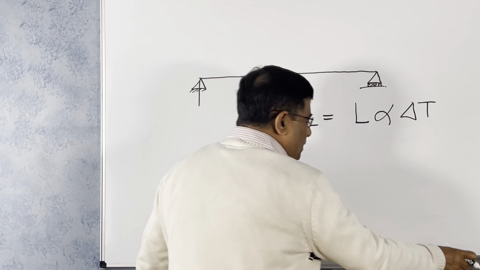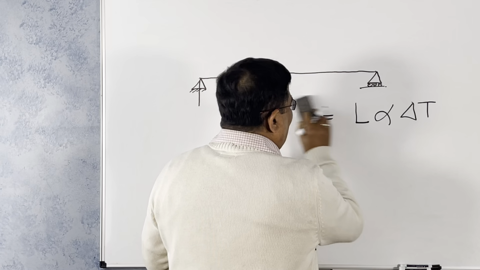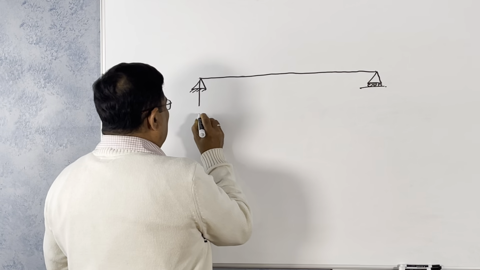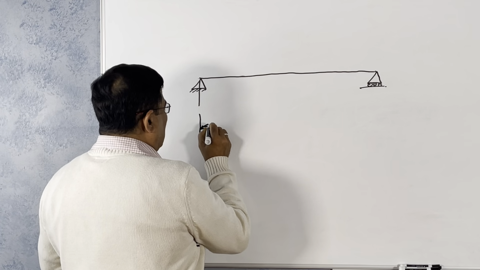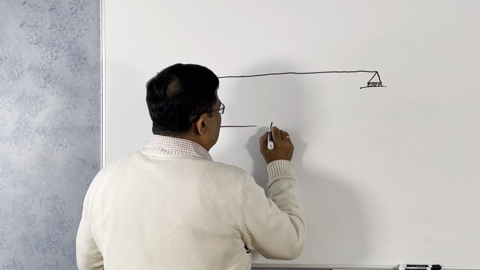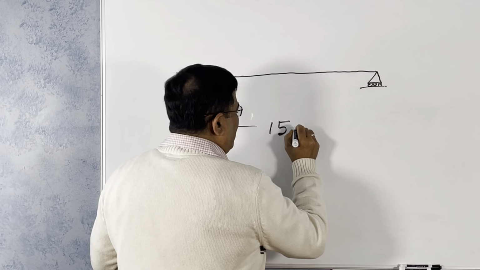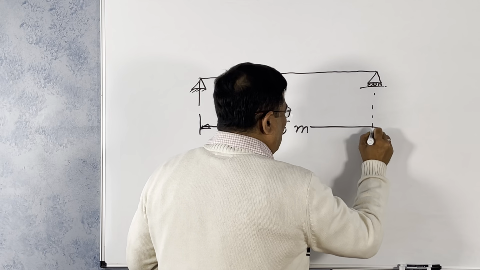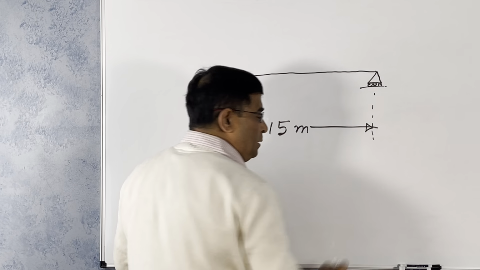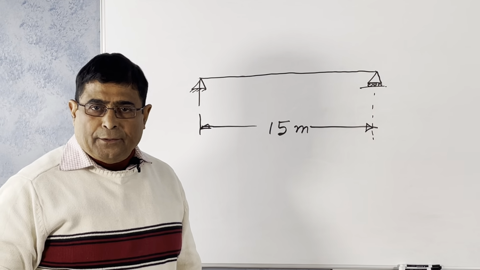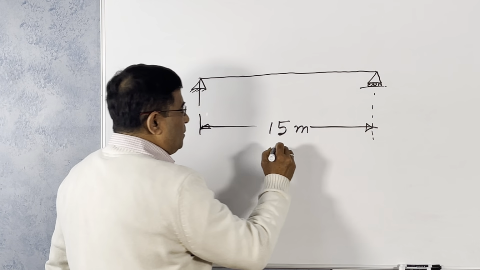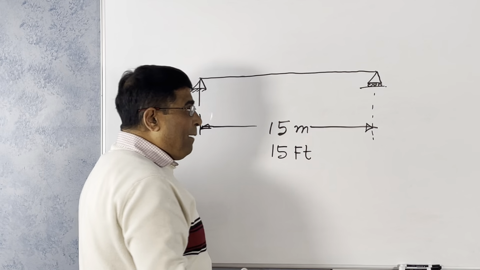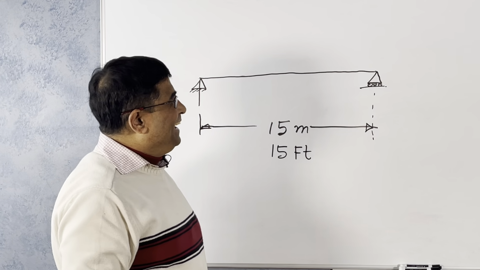And today's lecture will be discussing concentrated load. From here to here, the total distance is 15 meters, or if you follow feet in the American system, you can consider it 15 feet. The unit doesn't matter.